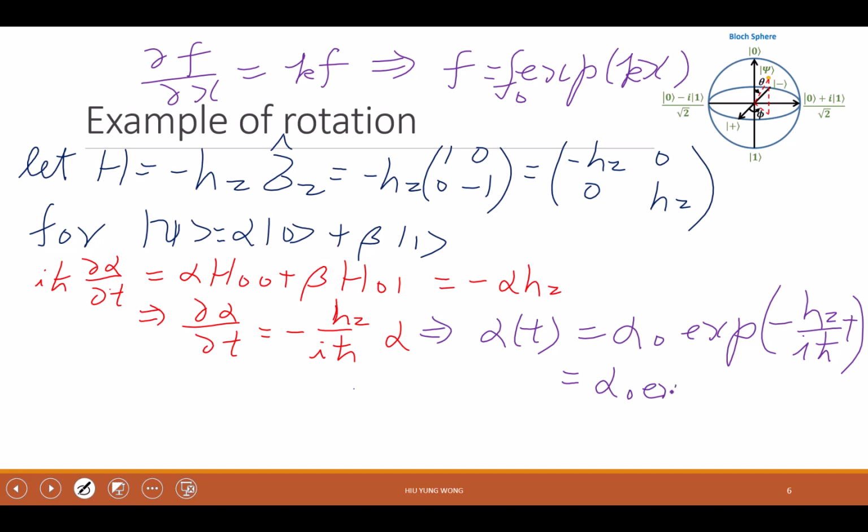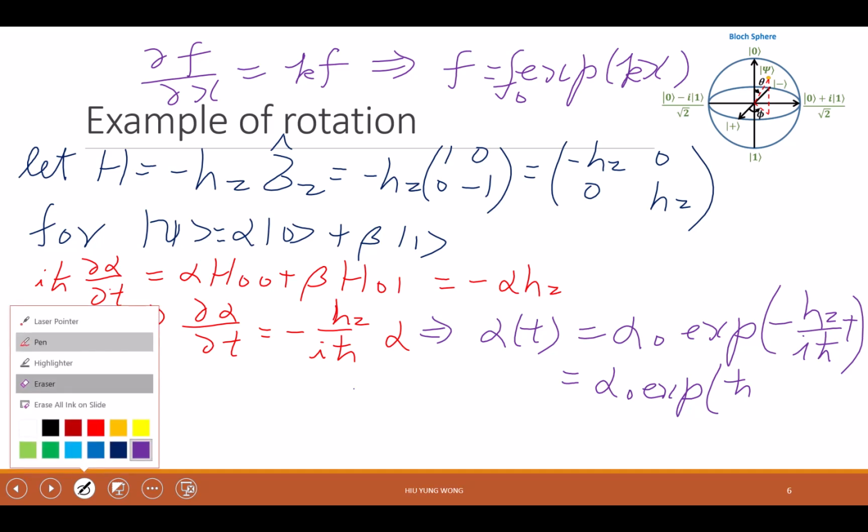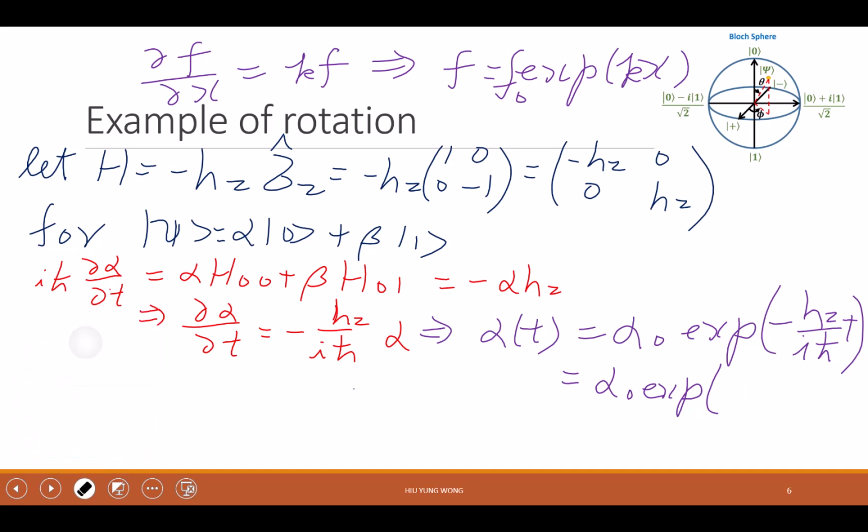Then it is exponential of I hc over h bar t, positive, because negative 1 over I is I.